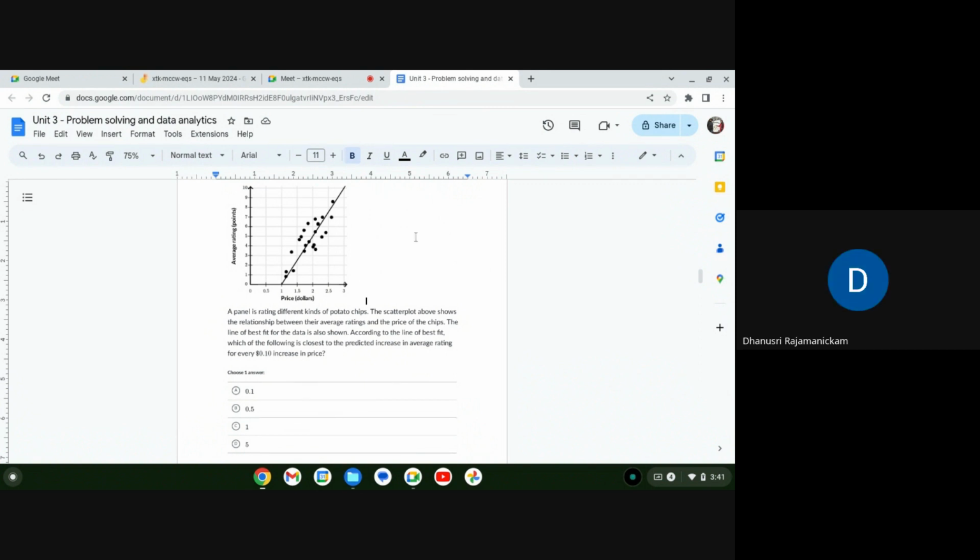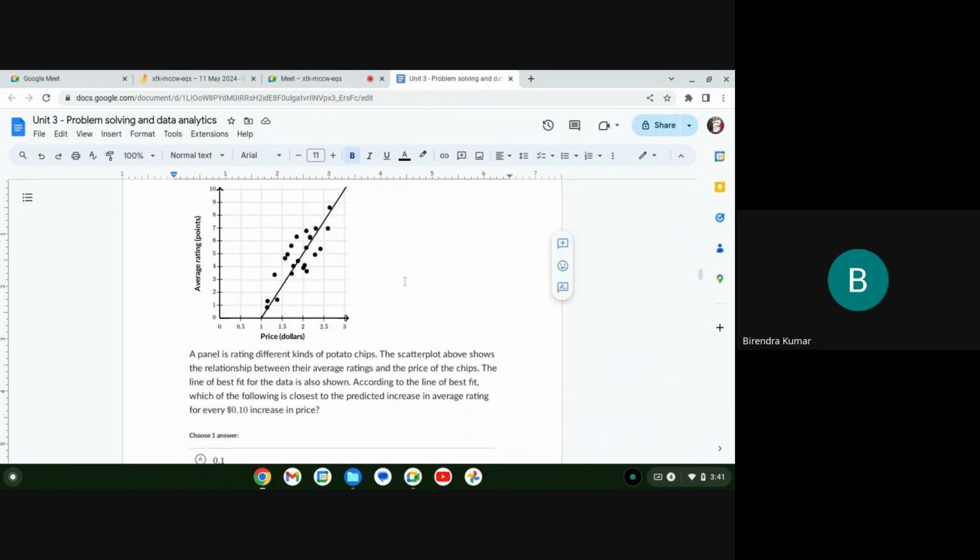Is that 9? Okay, so 8.5, maybe. It's somewhere in the middle, right? If you see it closely, it looks to be in the middle. Maybe 8.5, 8.6. Okay. So here, what do you see?